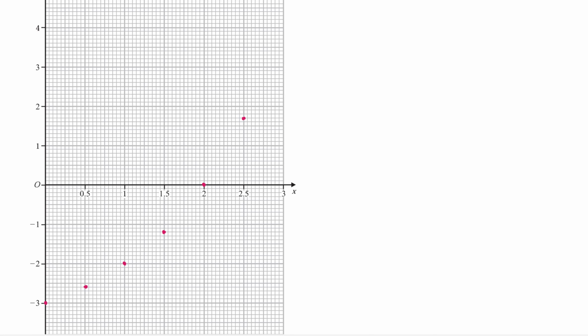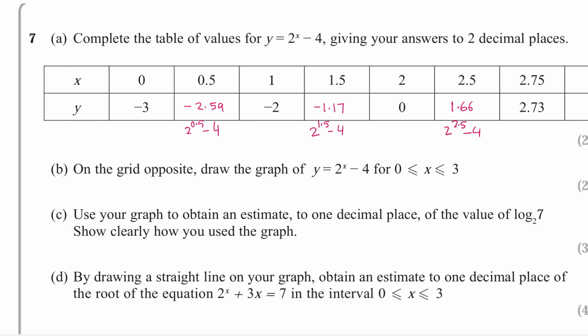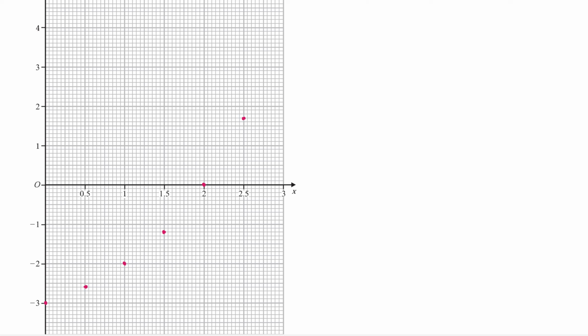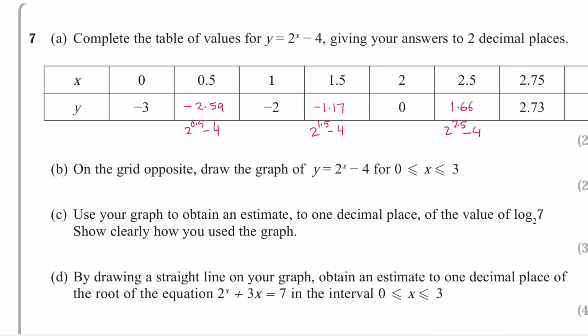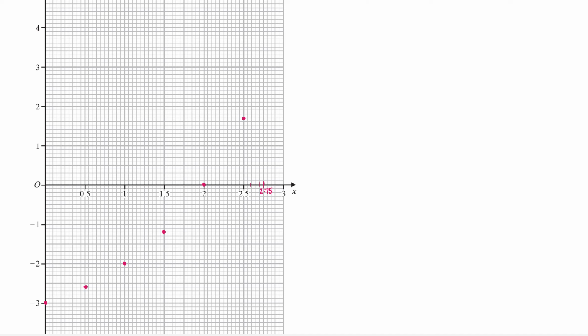The next one is 2.75 and 2.73. So x is 2.75, y is 2.73, which is about 2.7.